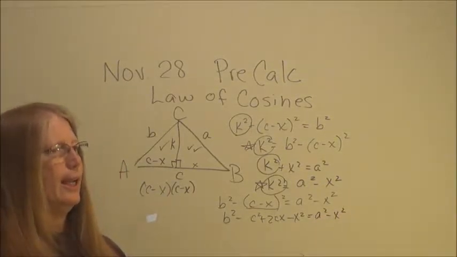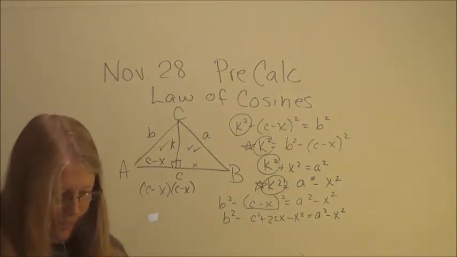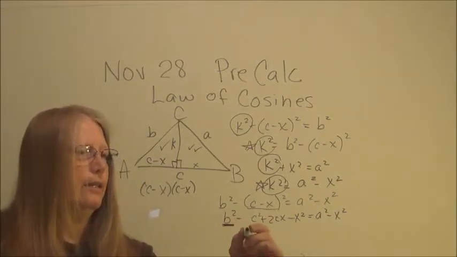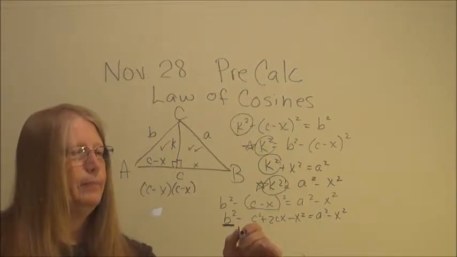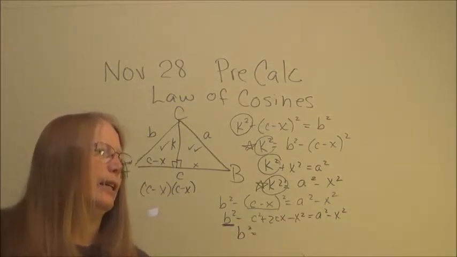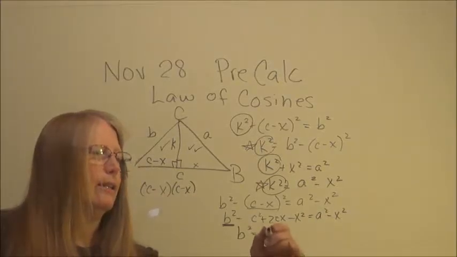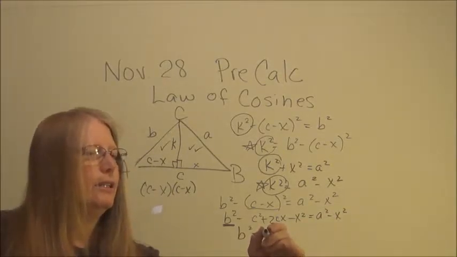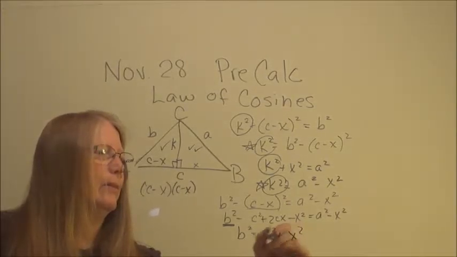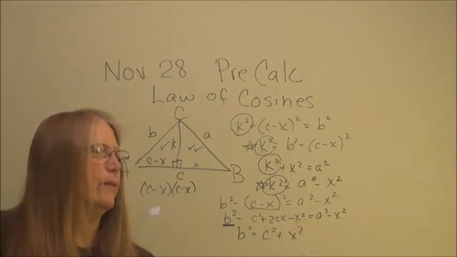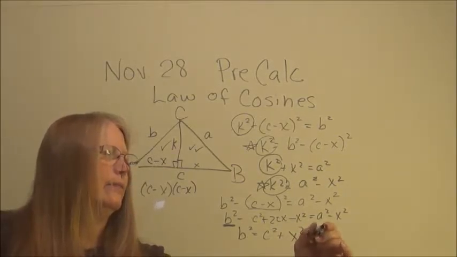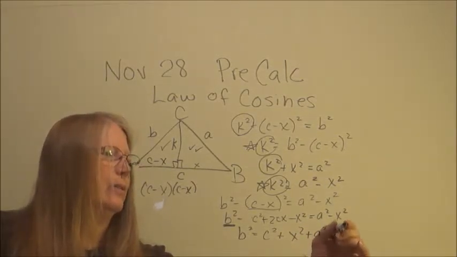Alright, let's solve that for b squared. So b squared equals, when I move everything over, c squared, x squared, and the 2cx, and there's already an a squared and a minus x squared.